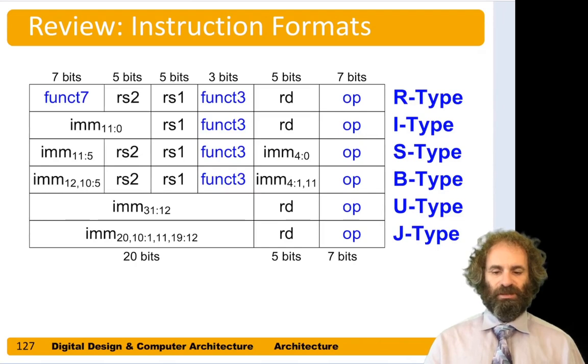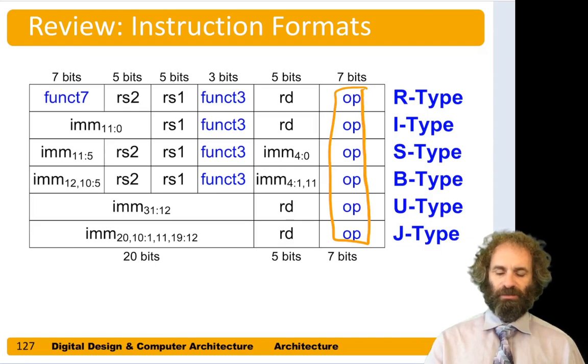So in summary, here are the instruction formats in RISC-V. All the instructions have op in the same place. So that's how you figure out what type of instruction you're looking at. You look at the bottom 7 bits, and based on the op, you decide what type of instruction you're doing.